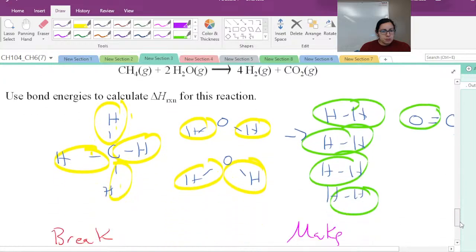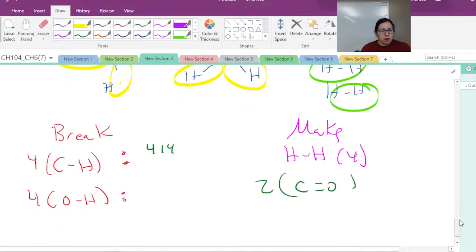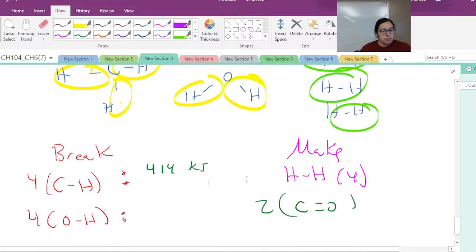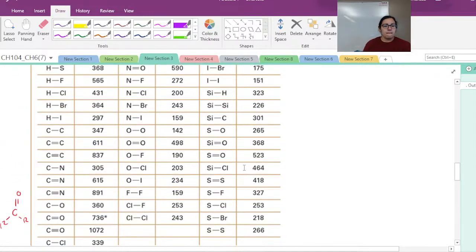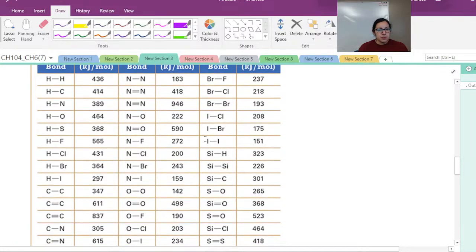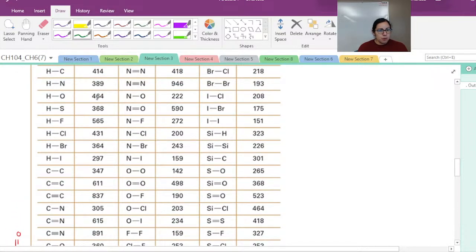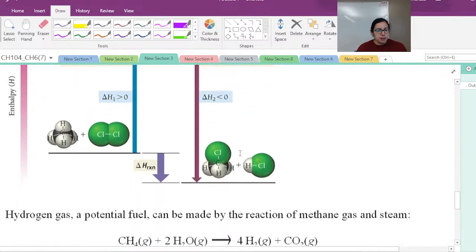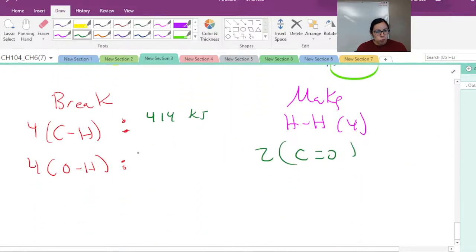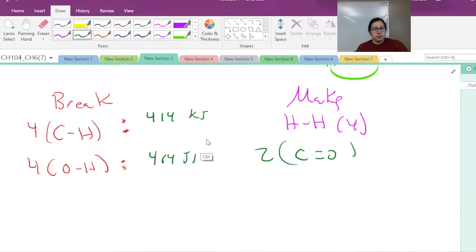And then we also said we had to break our OH bonds. So obviously we need to multiply it by 4 still. So OH, let's look at what that is, if I can find it. There we are, so 464.